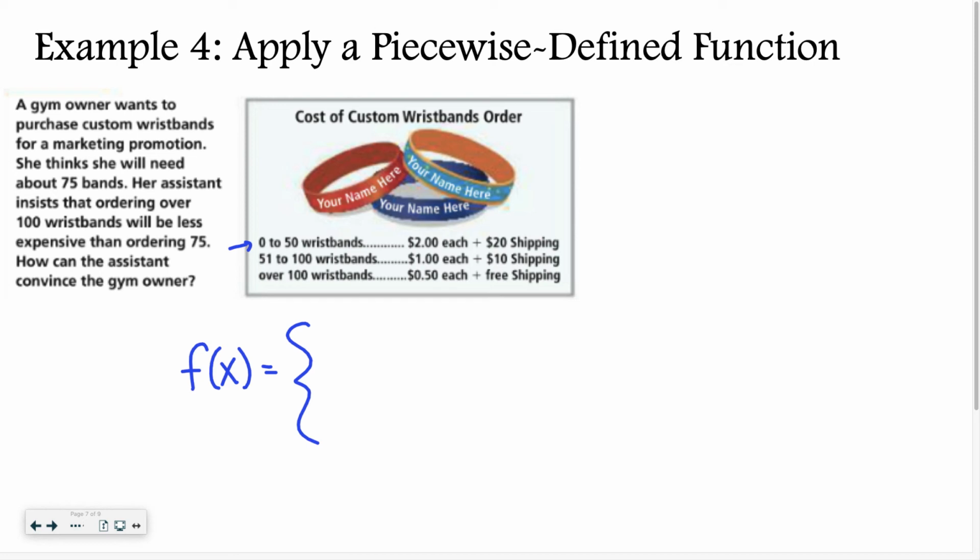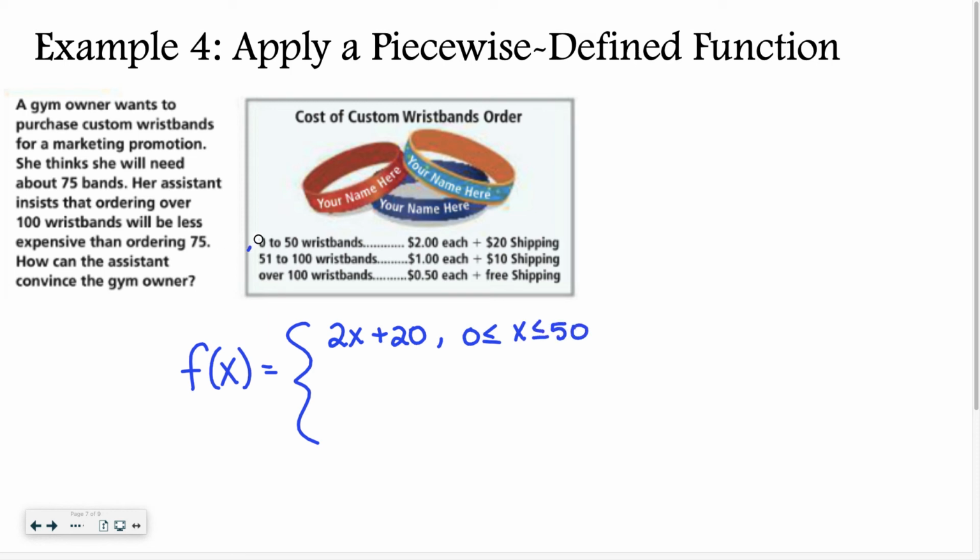They are $2 each and $20 shipping. So for that first equation, I would say 2 times x, 2 times however many wristbands they buy, plus, no matter what, I have to pay $20 shipping. But this is only good when you order anywhere from 0 to 50 wristbands.